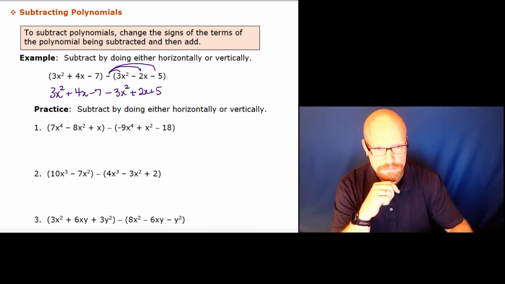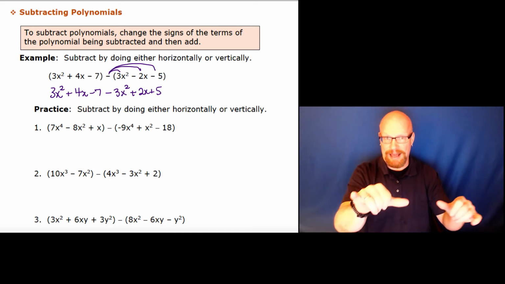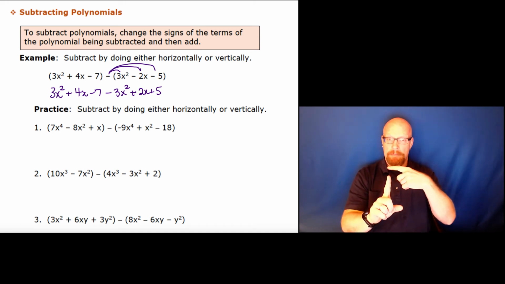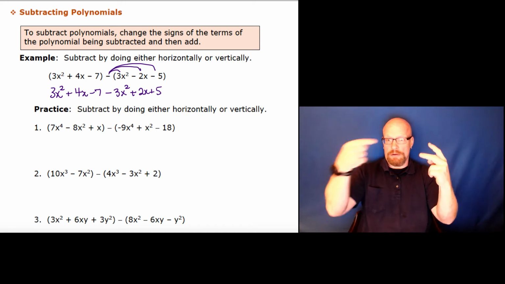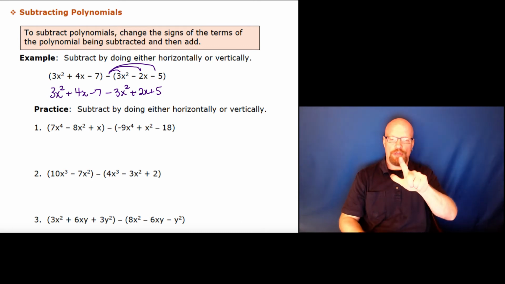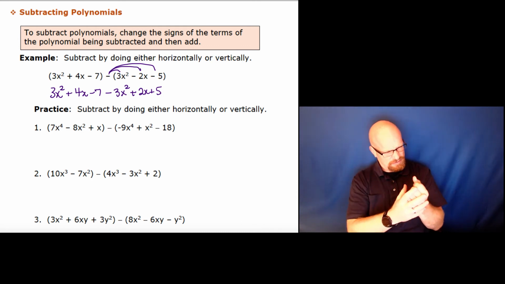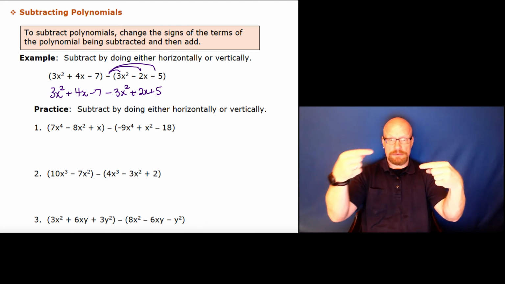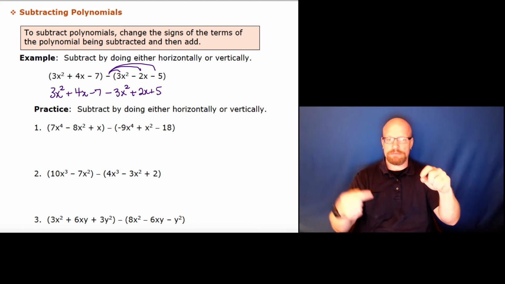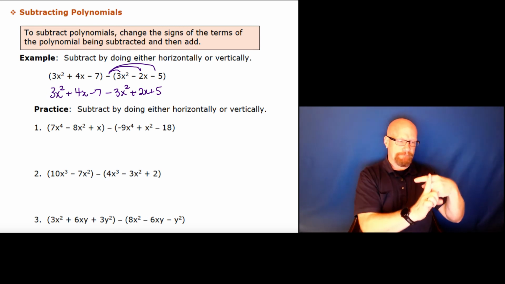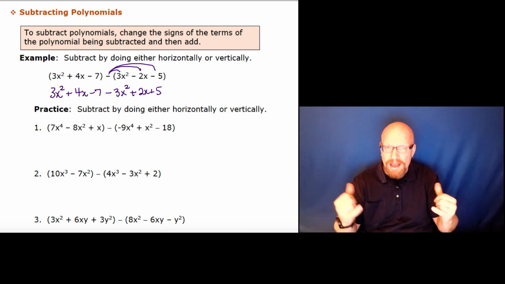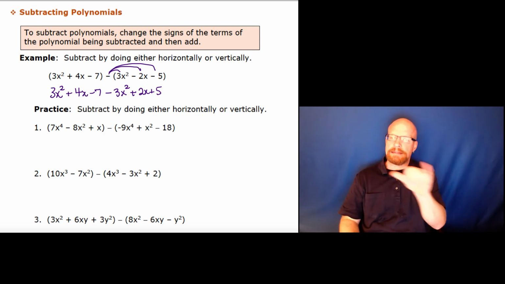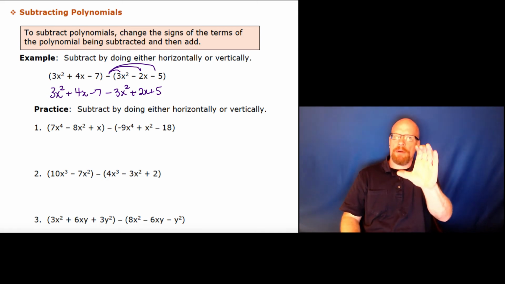And now we have distributed the minus sign. It was positive 3x squared plus 2x plus 5. Once I distributed the negative sign, it became negative 3x squared minus 2x minus 5. Right? Same with the 2x and the 5, like I just said. So now it's the same as before. We're looking for like terms and combining like terms.